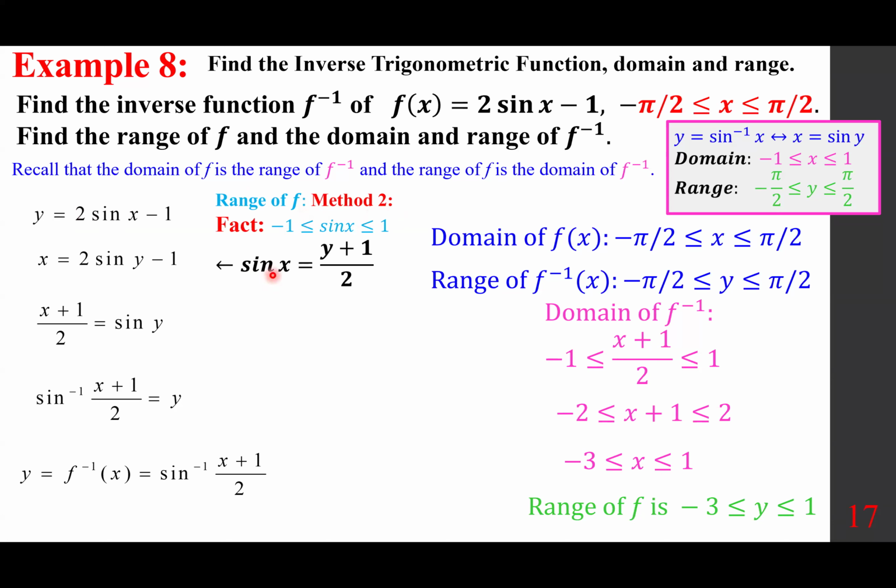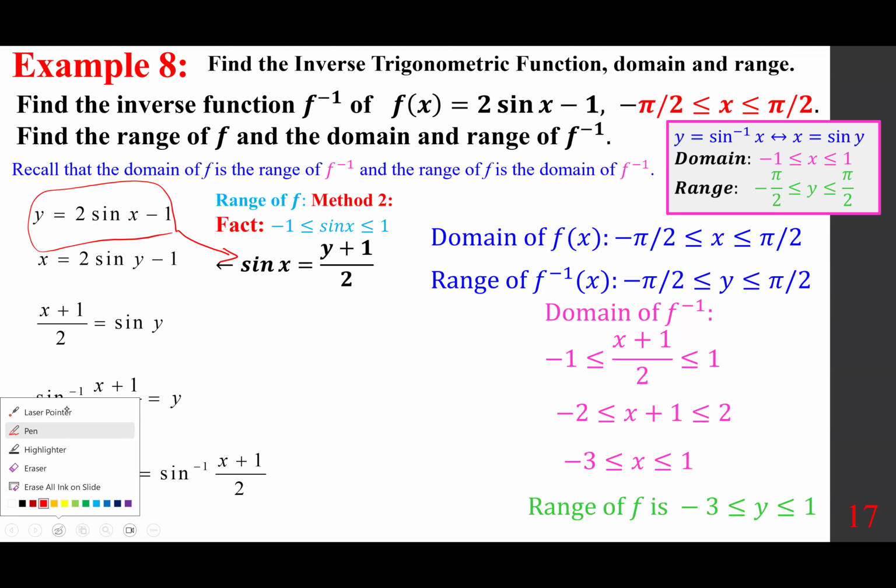And we know sine x is y plus 1 divided by 2. If you put the 1 to the other side, you get y plus 1 divided by 2. I hope everybody can see from here. If you solve for sine x, you get y plus 1 divided by 2. Therefore, y plus 1 divided by 2 is between negative 1 and 1.